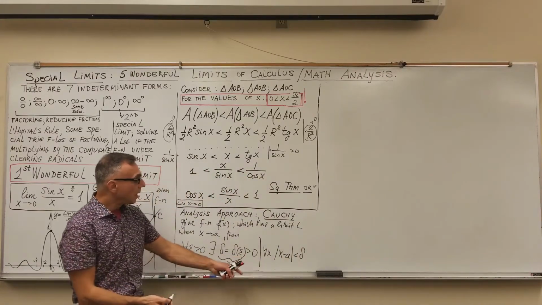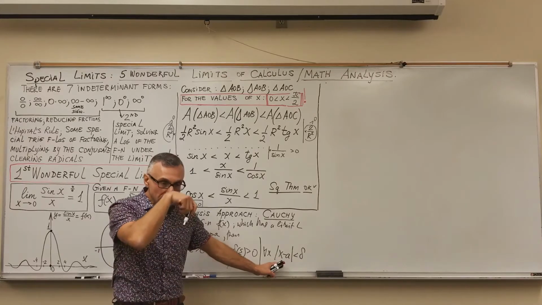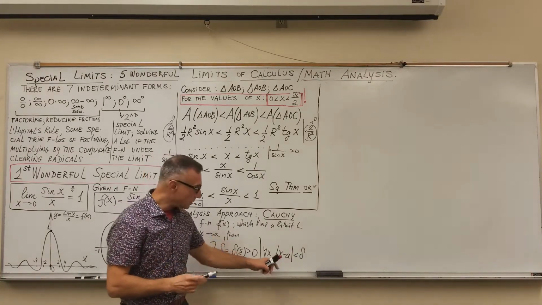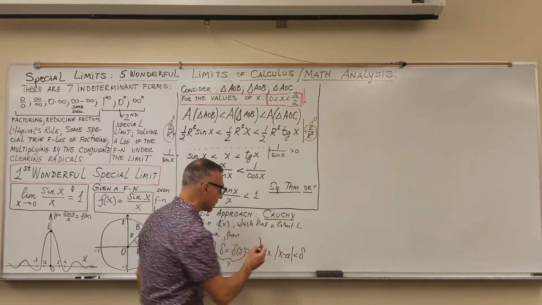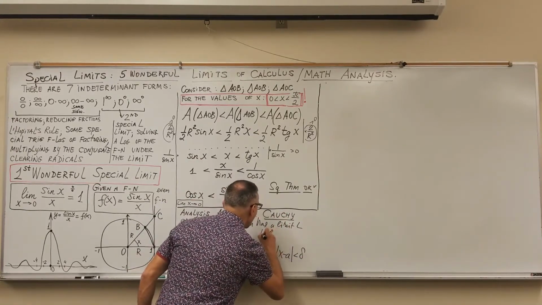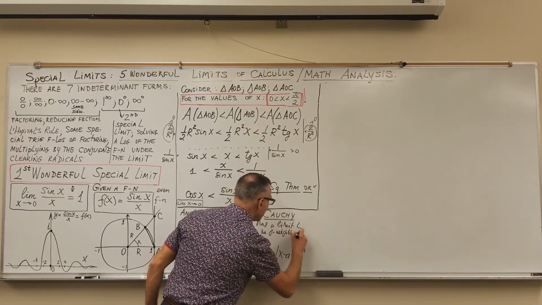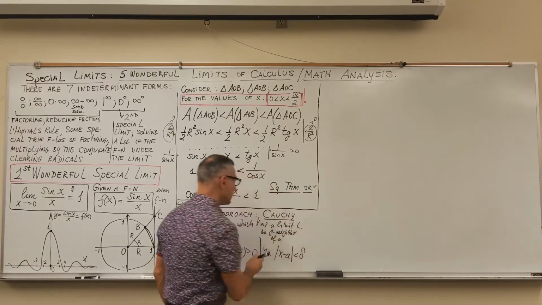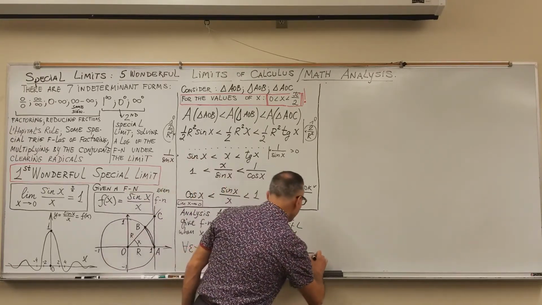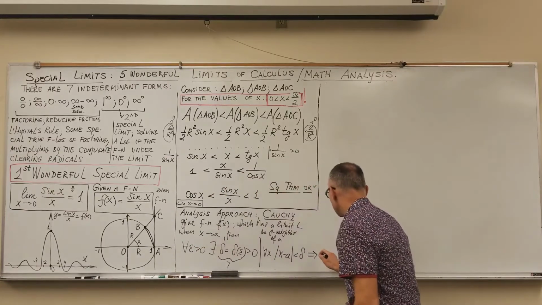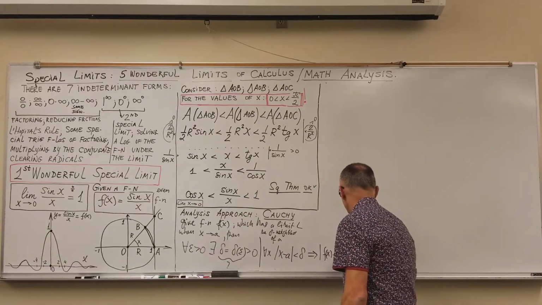What does it mean? It means that my x is in the delta neighborhood of a. It implies that the absolute value of f of x minus L is less than epsilon.